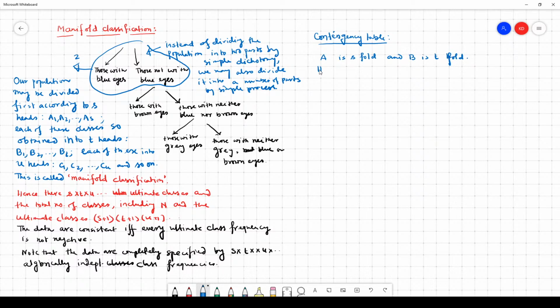Hence, there are S T classes of the type AiBj, where i from 1 to S, j from 1 to T. Now we can arrange our data in a table as follows.